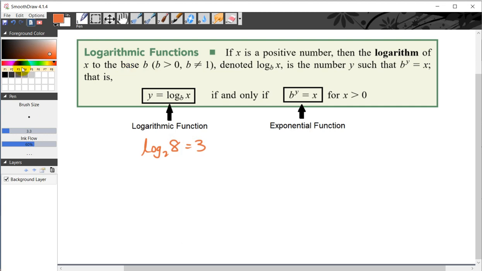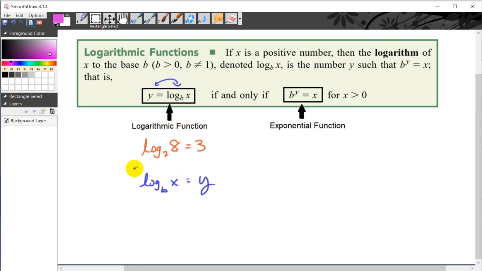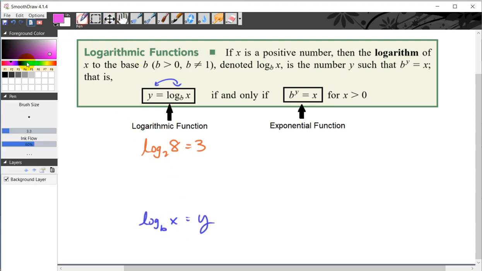If you flip it around, this is log base b of x equals y. Let me help you write this as an exponential function.